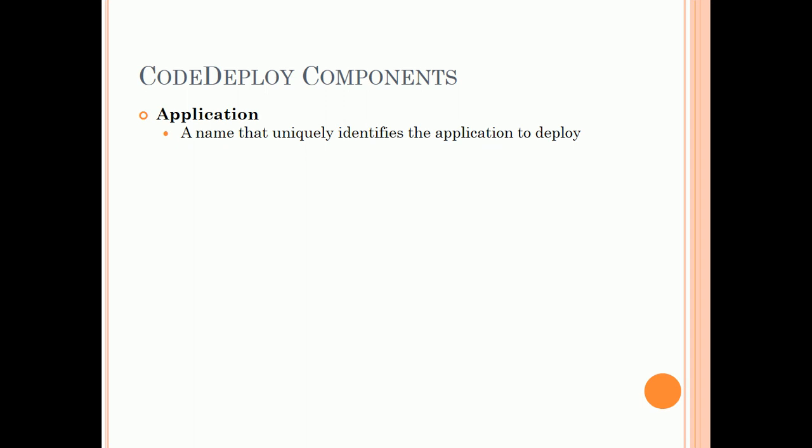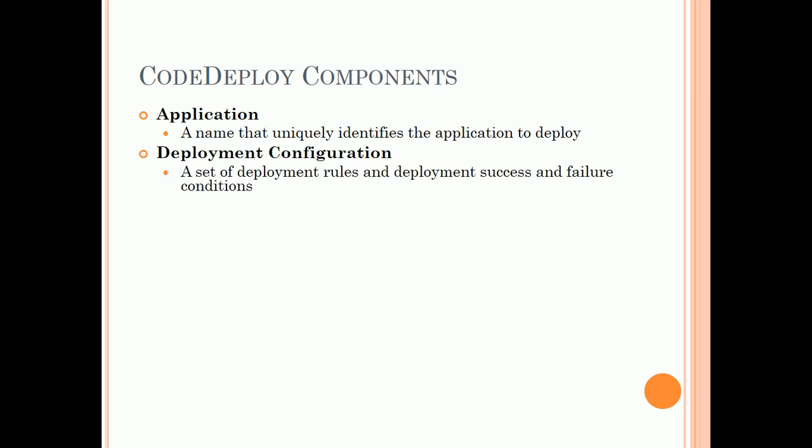The second component is deployment configuration. Deployment configuration stores the deployment rules and deployment success and failure conditions for different phases while deploying. It is same as the buildspec file, but here it is an application specific file. We call it AppSpec, which also should be in YML format.